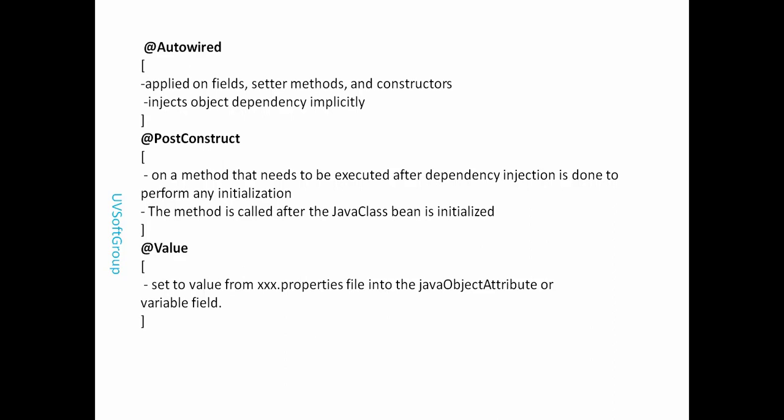The method is called after the Java class is initialized. The Value annotation is for reading property values, like from the application.properties file. You try to read some key values from the properties files.